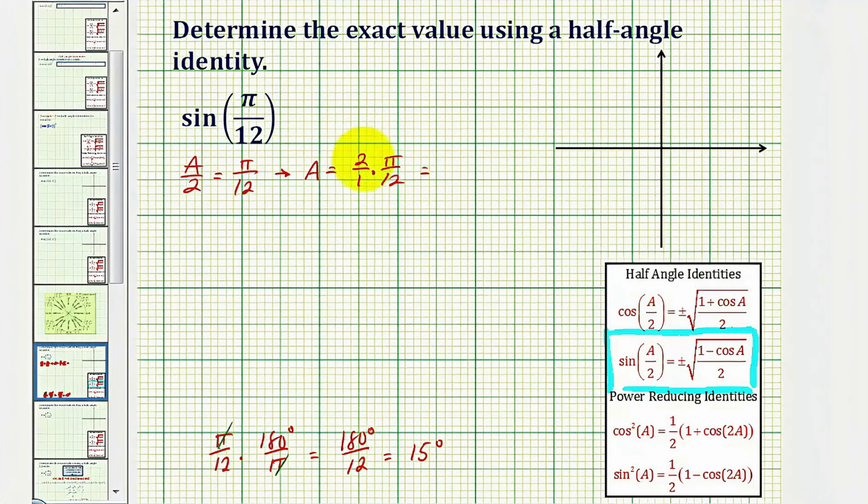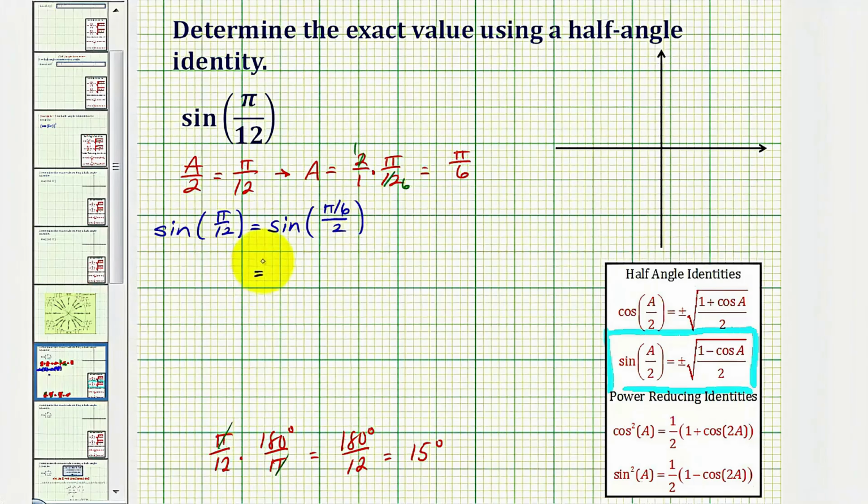We have a common factor of 2. There's 1, 2, and 2, and 6 2's in 12. So a would be equal to pi over 6 radians. So applying the identity, we know that sine pi over 12 is equal to the sine of pi over 6 divided by 2.